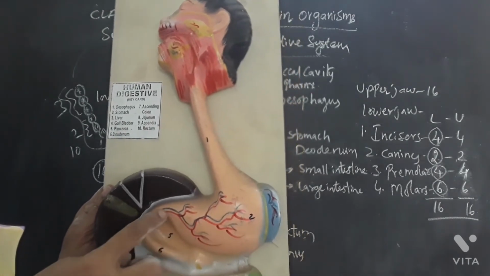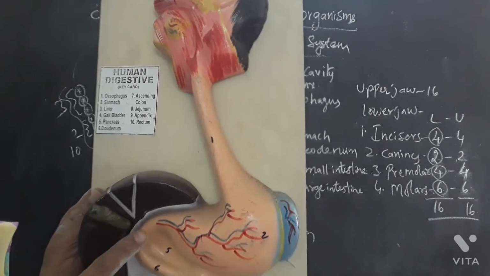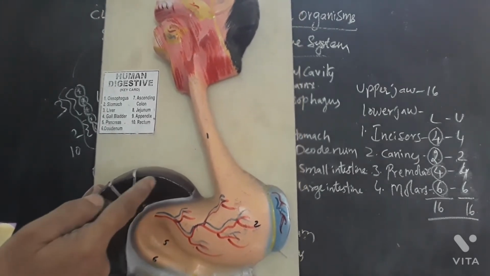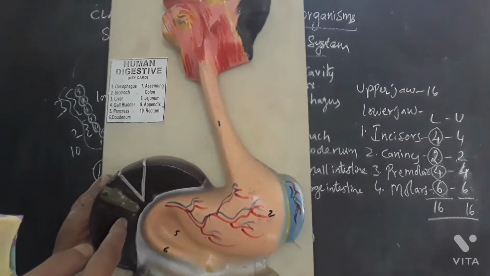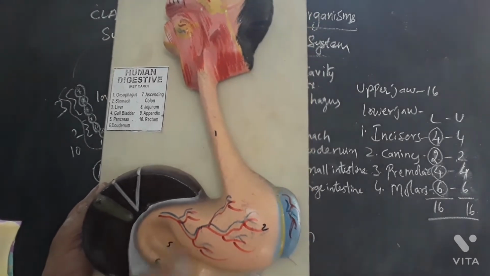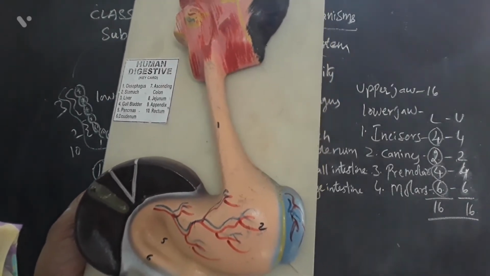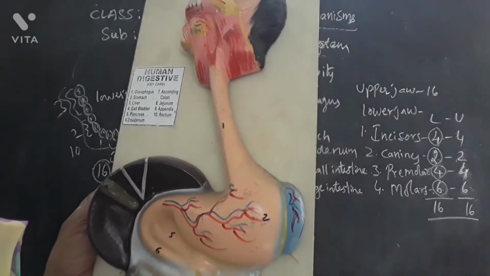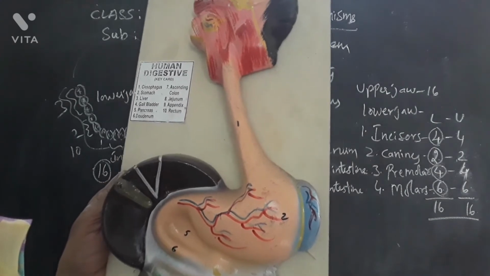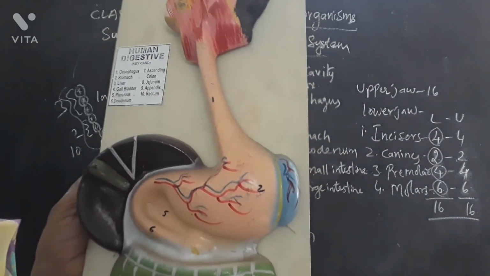And the food then reaches the duodenum, which is the first part of the small intestine, where it gets the bile juice secreted by the liver and pancreatic juice secreted by the pancreatic gland. This is the pancreatic gland. From there the food enters the small intestine, where the complete digestion takes place.